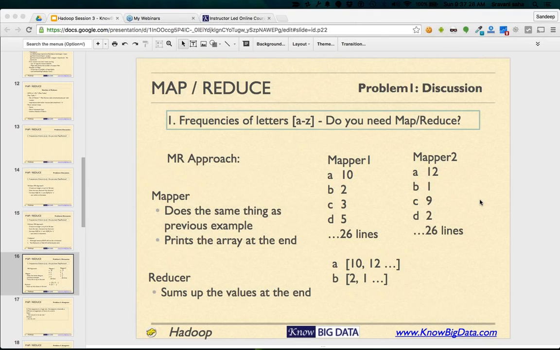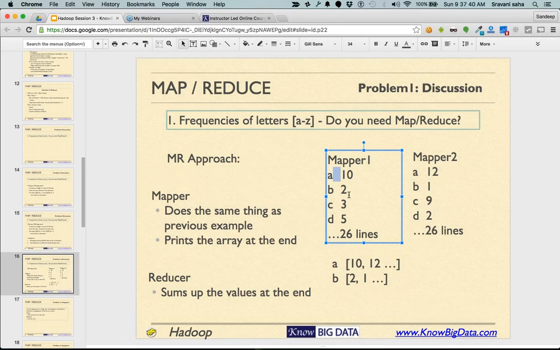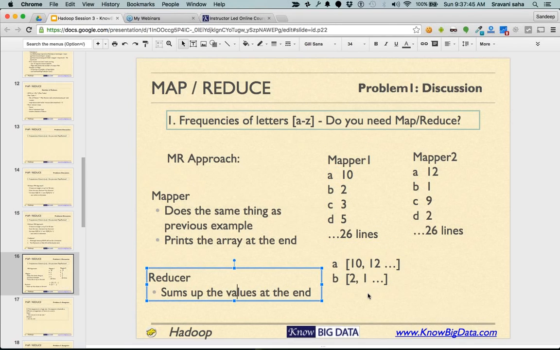All right. So what we are doing here is, in our mapper phase, for each line we are computing the number of A's, B's and C's, and then the reducer is summing up all these values.